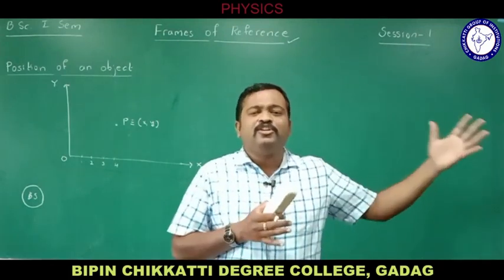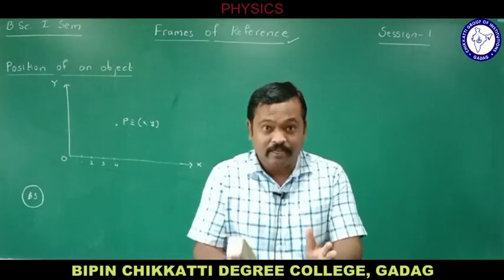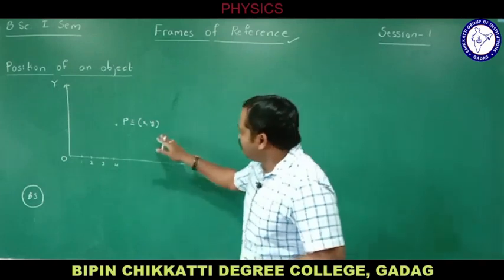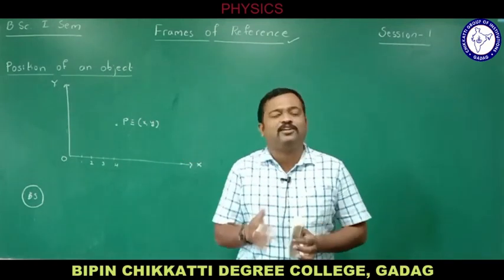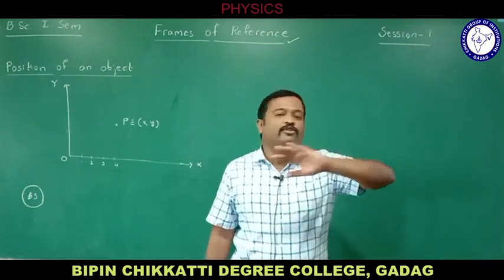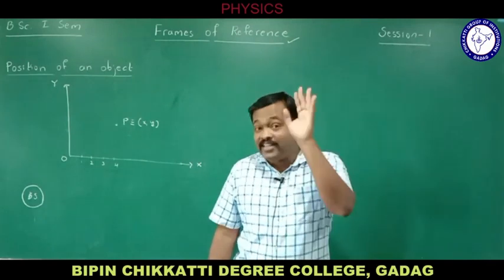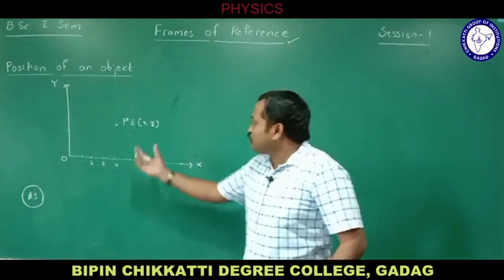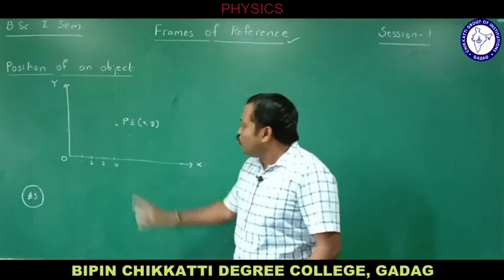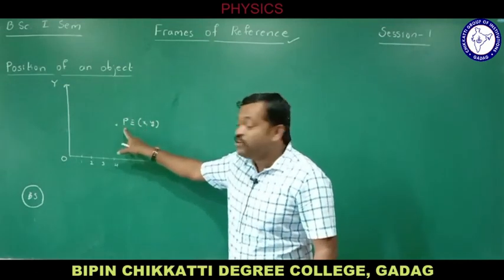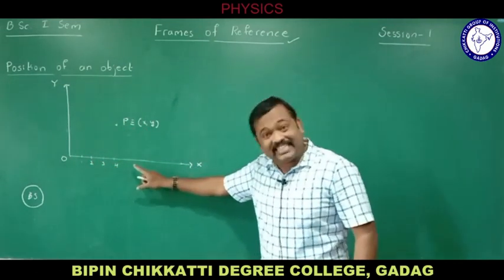We will see those coordinates later, but the simple coordinates that can be used are Cartesian coordinates. First let me introduce Cartesian, later on I will go with the polar coordinates. So what are Cartesian coordinates? This xy is the Cartesian coordinate. What is the distance of this position along the x-axis?